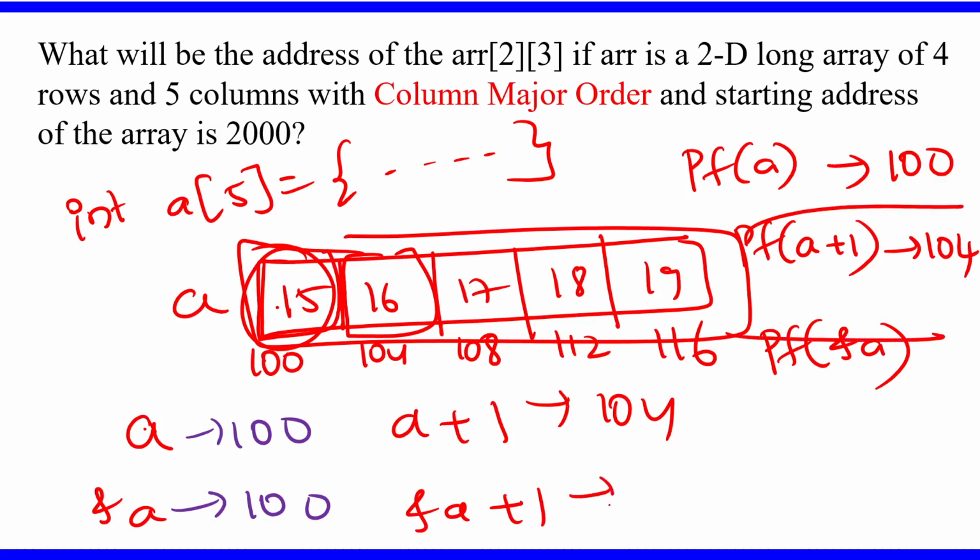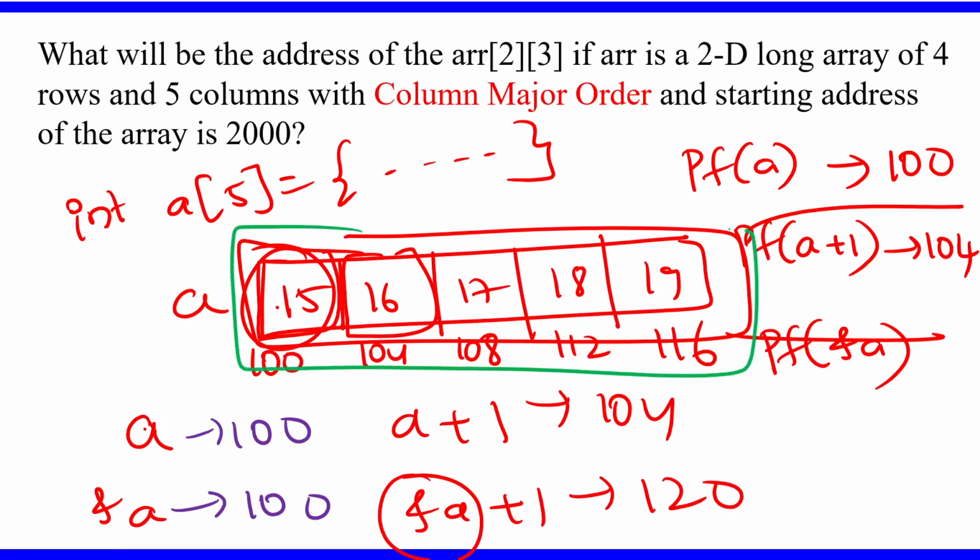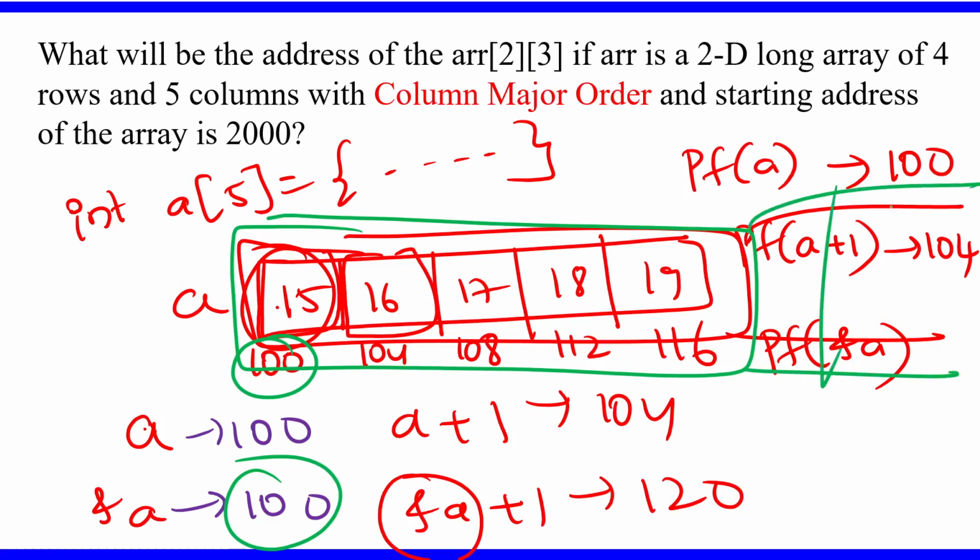In this case it will be 120. Why? Ampersand a is pointing to this entire block. Its starting address is the same 100. But when you say plus 1, it is talking about the block after this memory. From here there might be some partition. So this block's beginning address is 120.